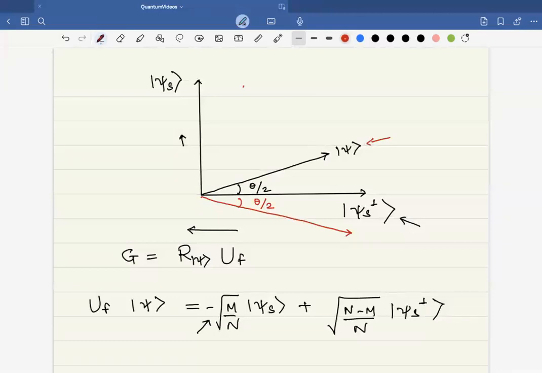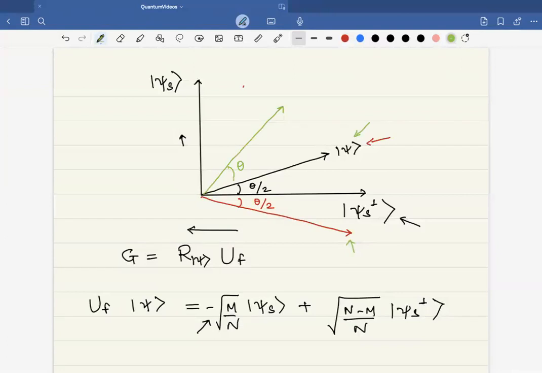So when you apply R psi followed by U of f, there is a reflection about psi. So now this red vector, when R of psi is applied, will get reflected about this vector and will land up over here. And this angle is going to be theta, right?